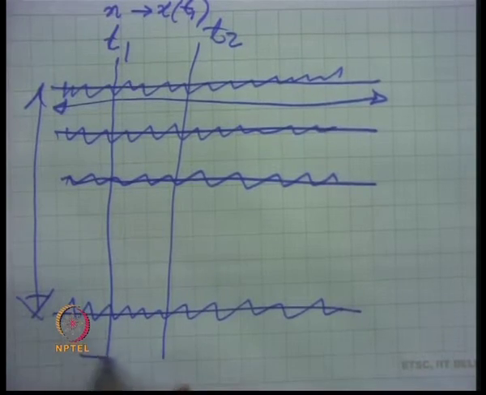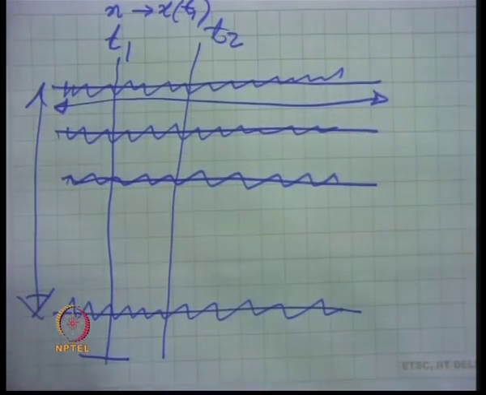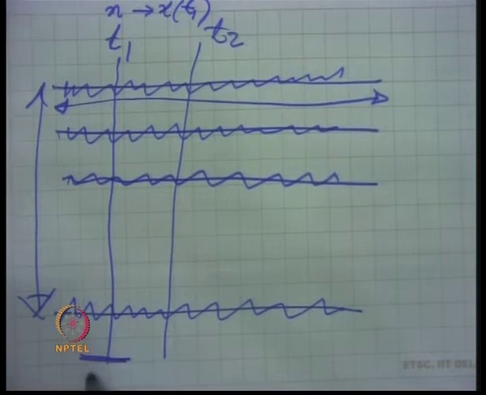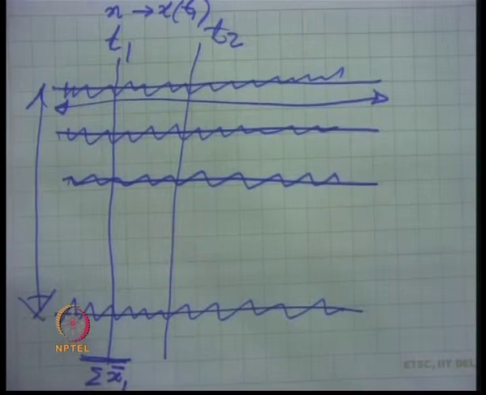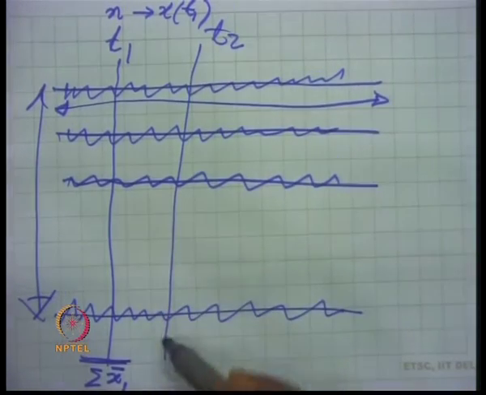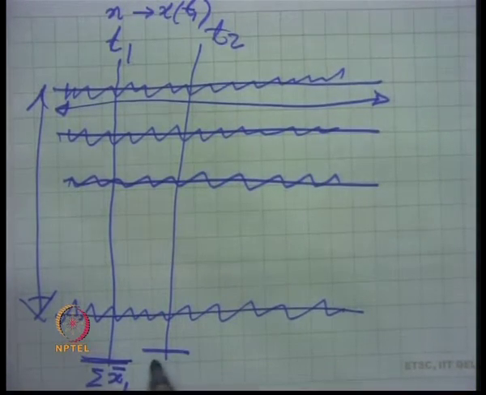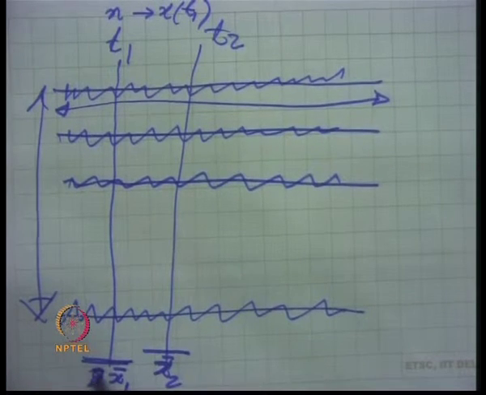If we take an average of these x t1 values across the ensemble, that is across this sample, let us say the value is x bar 1. We calculate then x bar 2, that is the average value of x t2 at time t2.